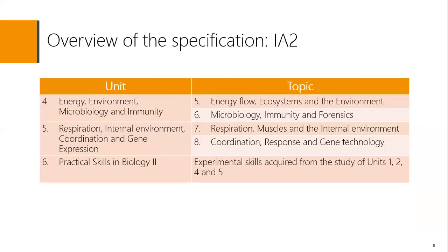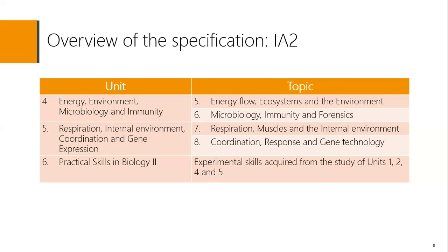If we look at units 4 and 5, these are the IA2 part of the qualification, and IAS and IA2 together give you the full international A-level qualification. So again, there are 2 units.